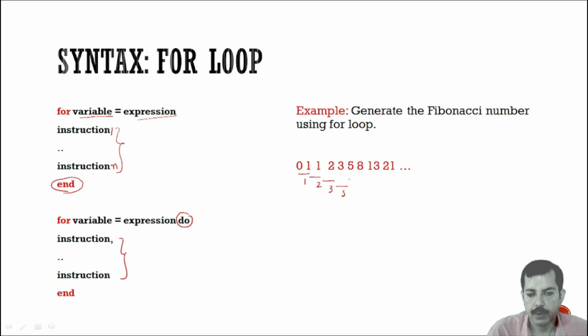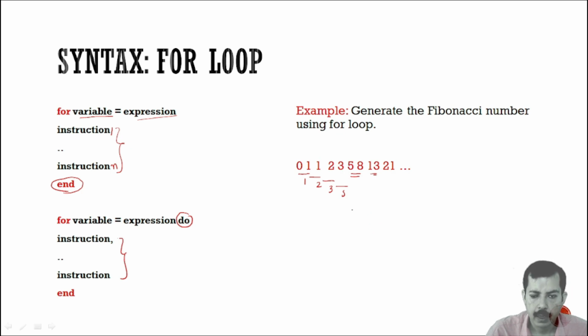So it will generate in this way. That means if you want to find a position, you have to add the previous two numbers. So this is your Fibonacci number.